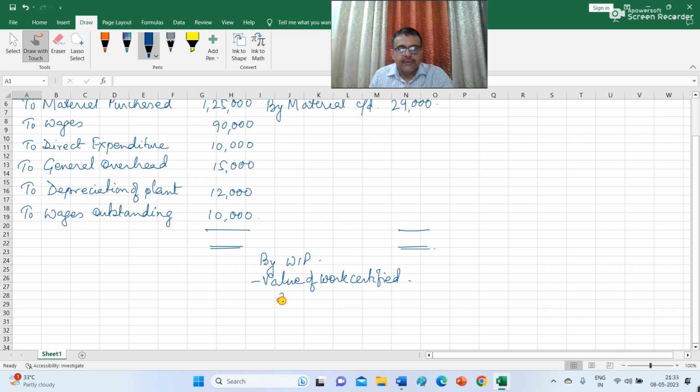Now cash received is given as 2,40,000 and this is 80% of work certified. It means 2,40,000 by 80% is rupees 3 lakh. So if you calculate that 3 lakh, multiply this with 80%, you will get 2,40,000.